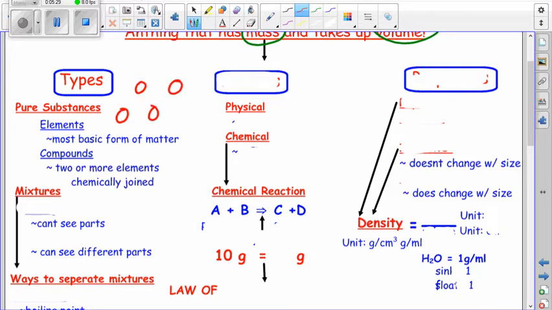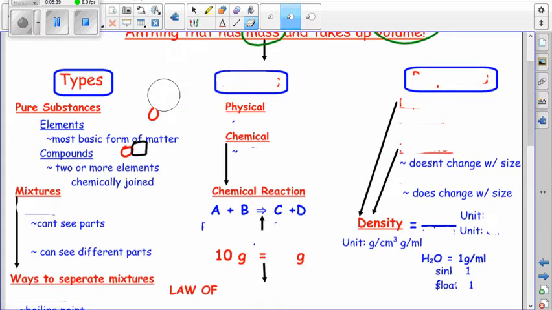That would be an element. And then a compound would maybe be a circle stuck to a square. Two different atoms, that kind of thing. And then we talked about mixtures. What's the kind of mixture where we can't really see the different parts? It's all evenly mixed. There's no difference throughout.